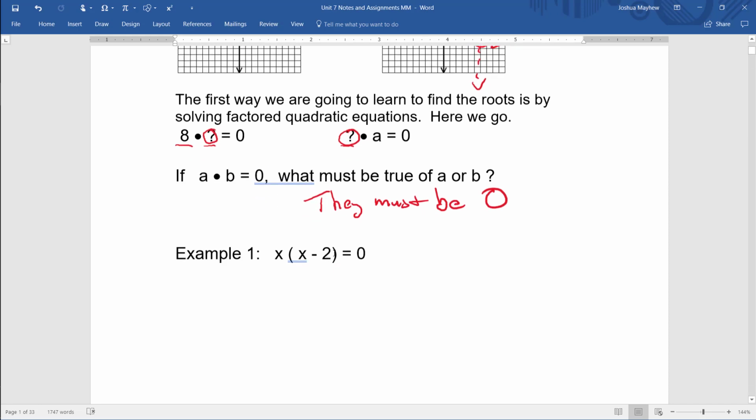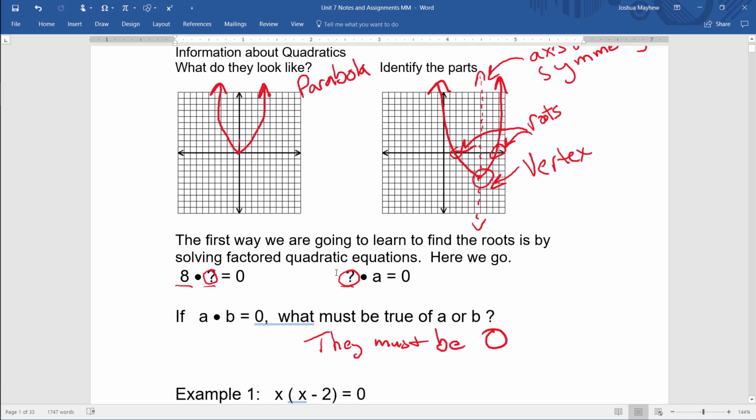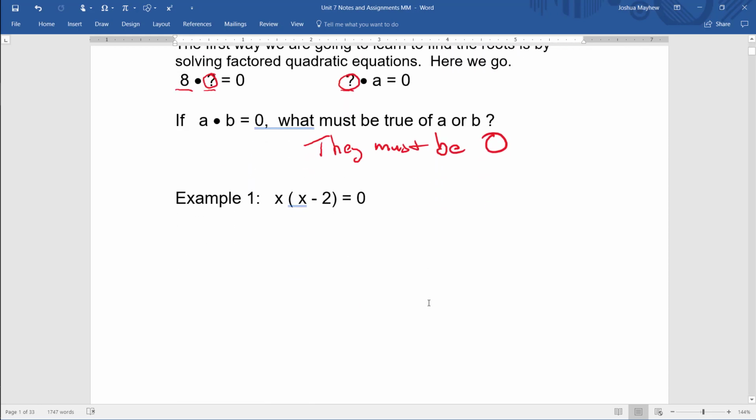Now what we're looking for is where the parabola crosses the x-axis. So we want the values for x that make y equal 0. You might want to write this down: values for x that make y equals 0. So we're going to set every equation equal to 0.